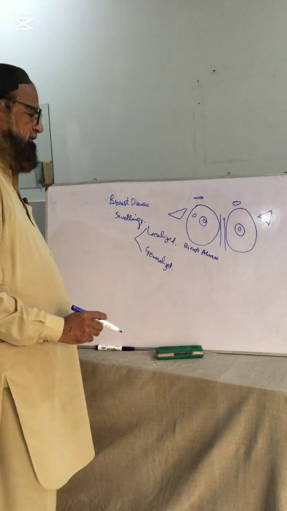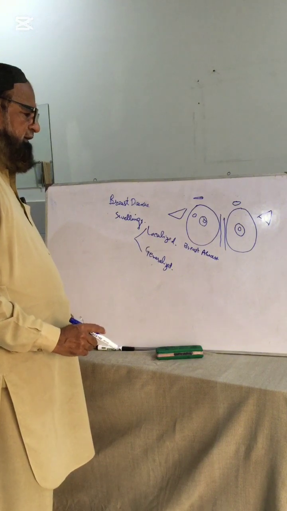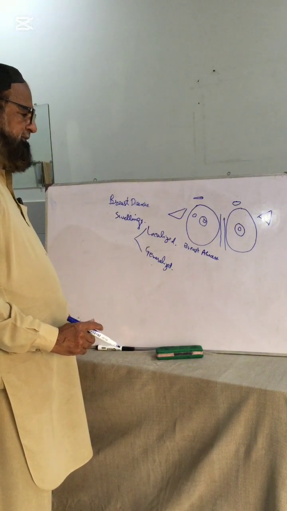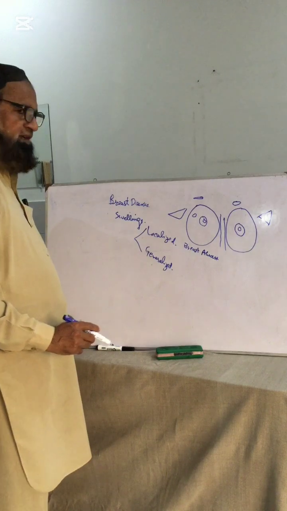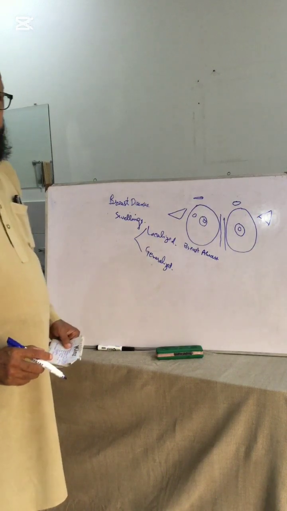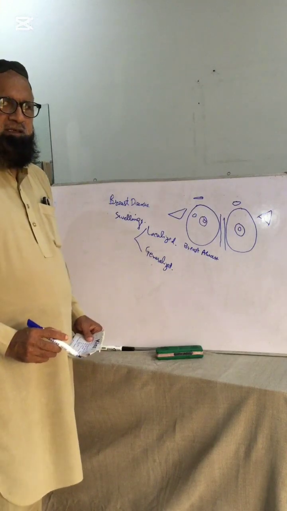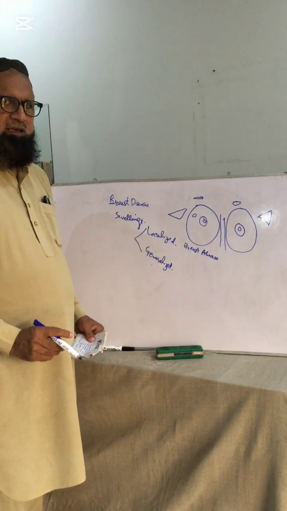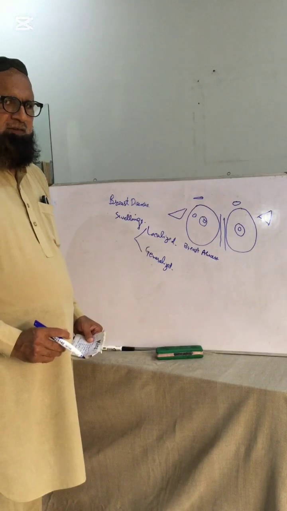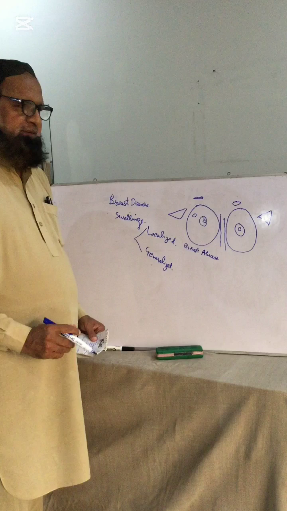Lactational breast abscess is from the mouth of the lactating baby. The Staphylococcus aureus infection that comes to the mouth of the lactating baby involves the cracked nipple of the mother and leads to lactational abscess.